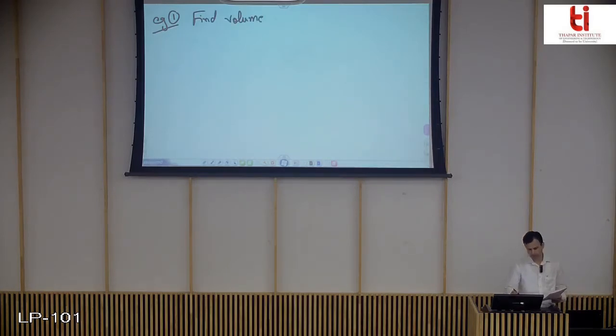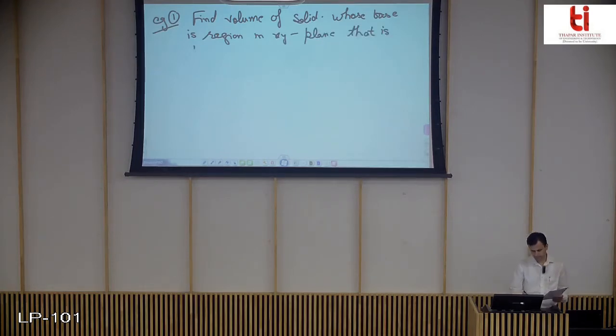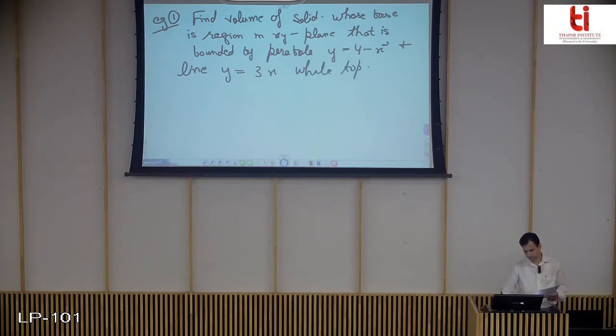Now the volume: find the volume of the solid whose base is the region in the xy plane that is bounded by the parabola y equals 4 minus x squared and the line y equals 3x, while the top of the solid is bounded by the plane z equals x plus 4.